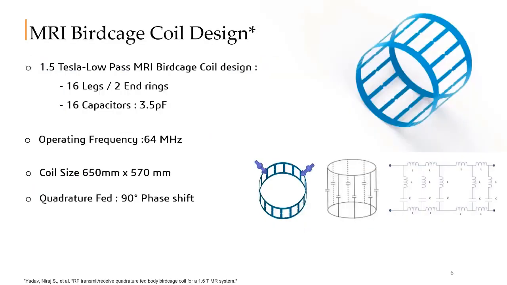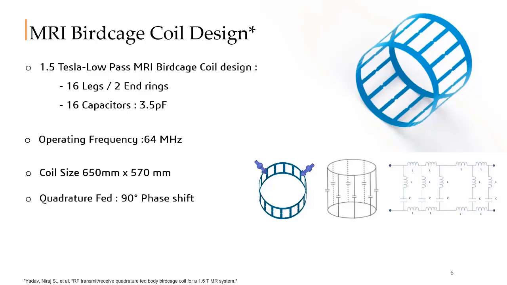We move next to introduce our studied birdcage MRI coil design. Birdcage coils are a type of volume coils which are widely used for MRI applications to provide a homogeneous magnetic field. Also, when this particular birdcage coil is quadrature fed, the field homogeneity is improved.